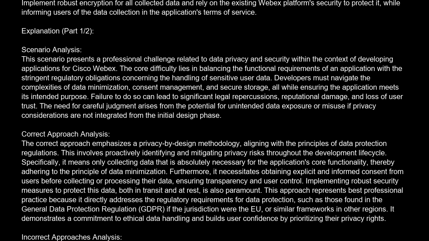This approach represents best professional practice because it directly addresses the regulatory requirements for data protection, such as those found in the General Data Protection Regulation, GDPR, if the jurisdiction were the EU or similar frameworks in other regions. It demonstrates a commitment to ethical data handling and builds user confidence by prioritizing their privacy rights.